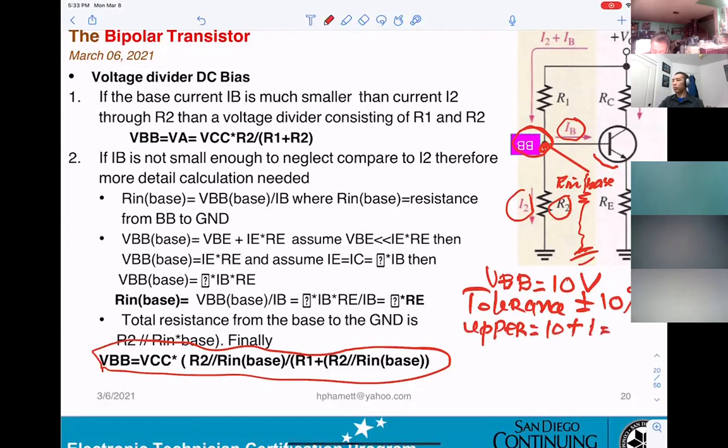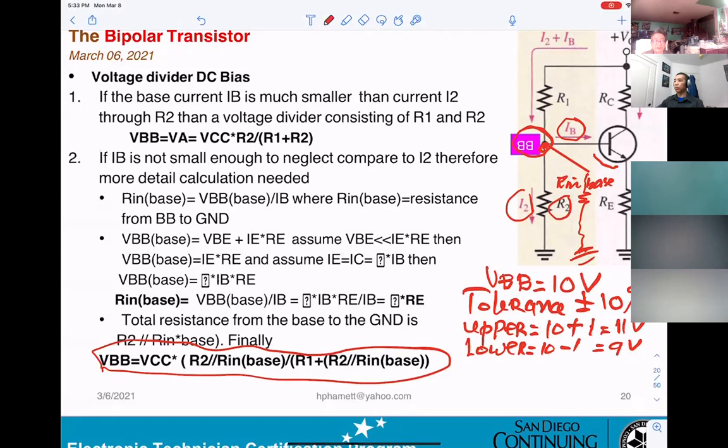So the upper will be 11 volt. And the lower, 10 minus 1, 9 volt. So when you measure, if you get a voltage between 11 and 9 volt, you will be okay.